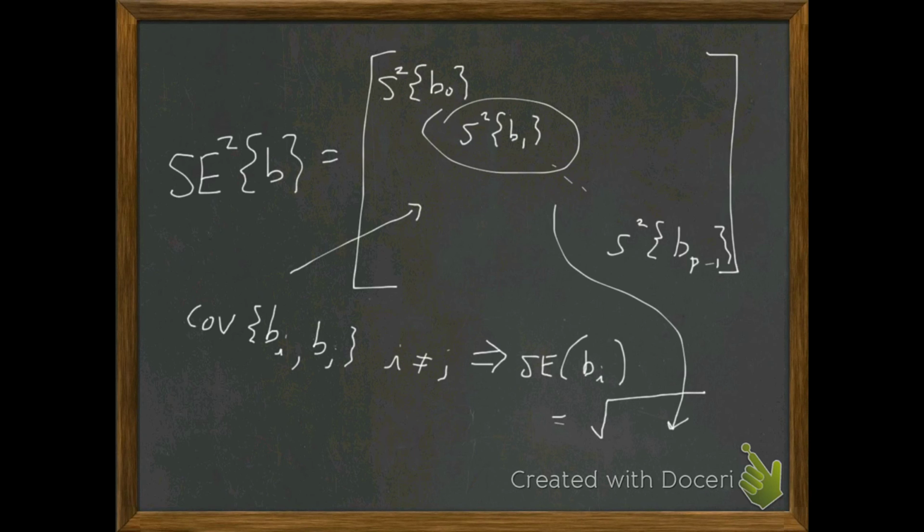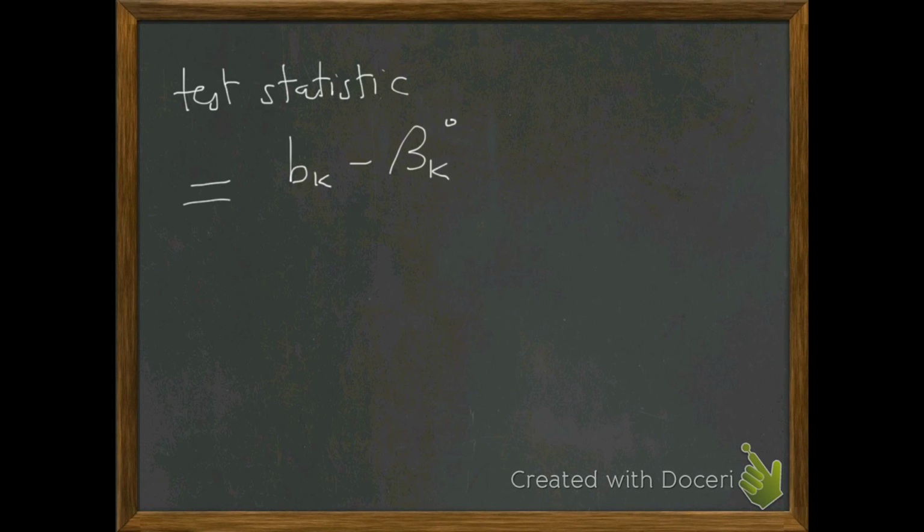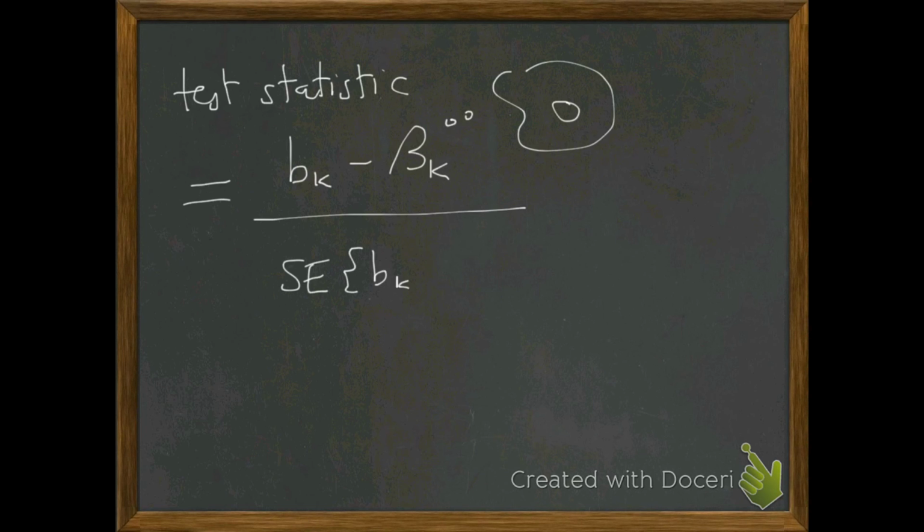It's easy to do. So guys, officially what would we do? We'd have our test statistic, which would be equal to b sub k minus beta sub k. Guys, think of this, this is almost always 0, over the standard error for b sub k.